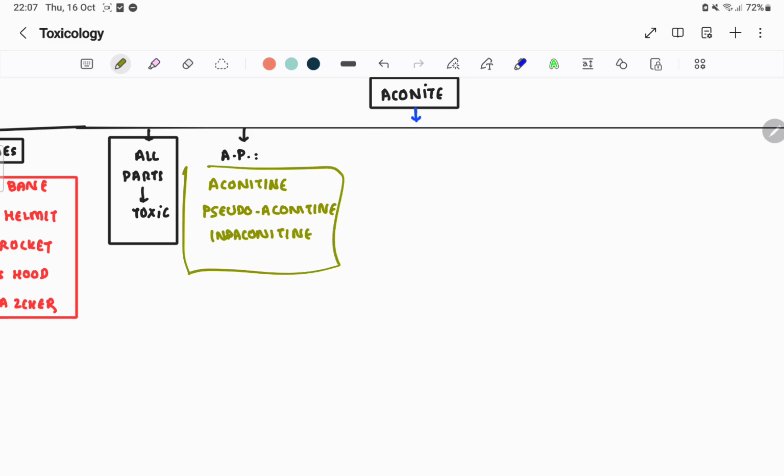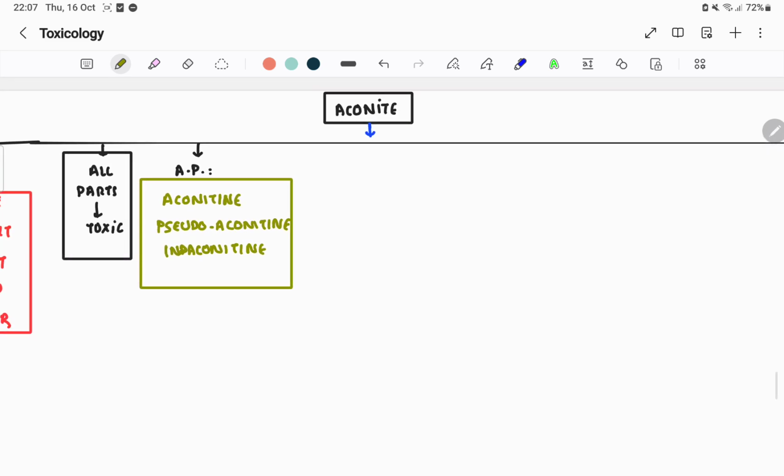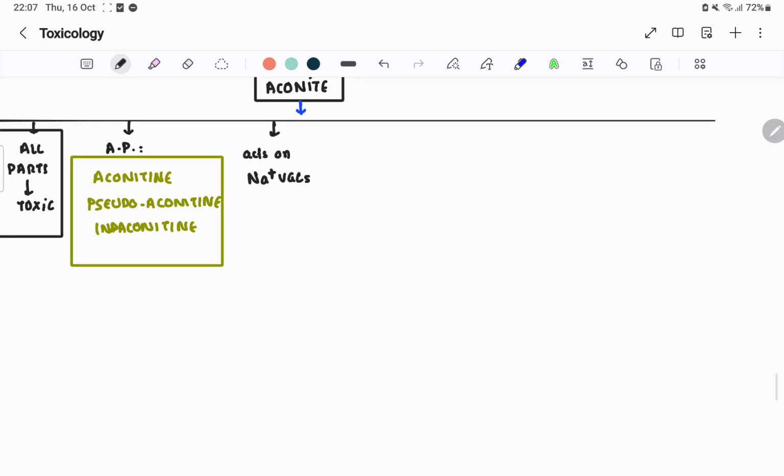This acts on sodium voltage gated channels, which are voltage sensitive channels basically on sensory nerve receptors.